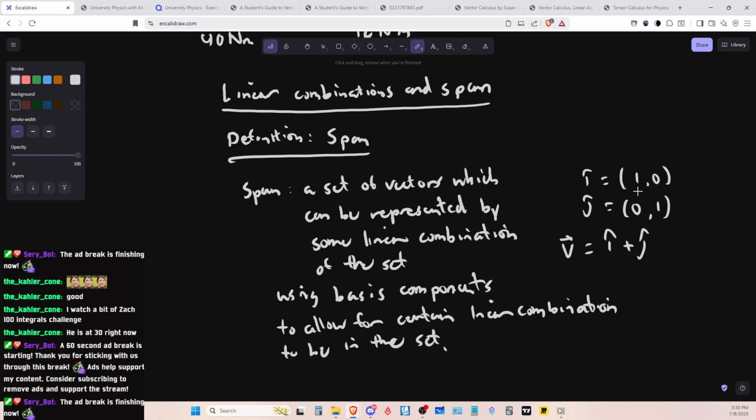So it's using vector basis components to form linear combinations of these, and these linear combinations will fit inside whatever it is. I want to say vector space, but I haven't gotten to that point yet. I feel like it might be a vector space, but I don't want to assume that yet.